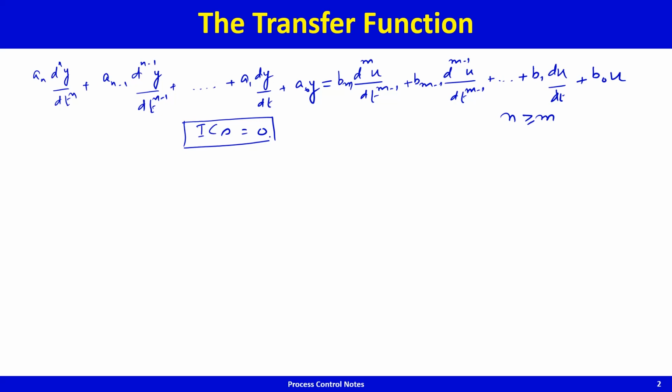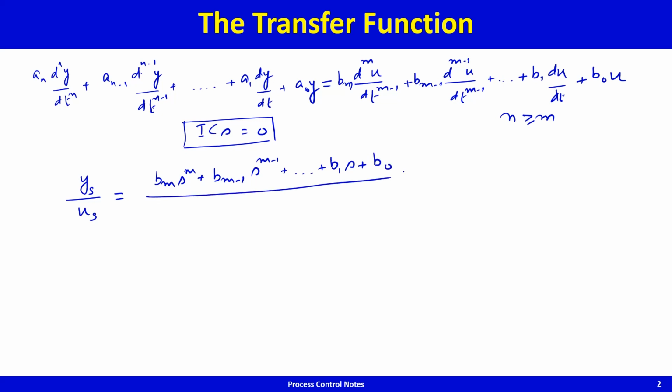So if you take the Laplace transform of both sides with 0 initial conditions, then what you will get is essentially y in the S domain, u in the S domain, in the Laplace domain, is equal to that's the numerator polynomial in S.